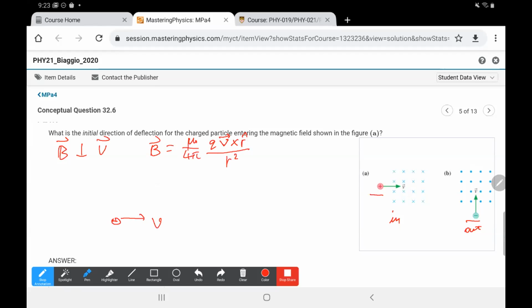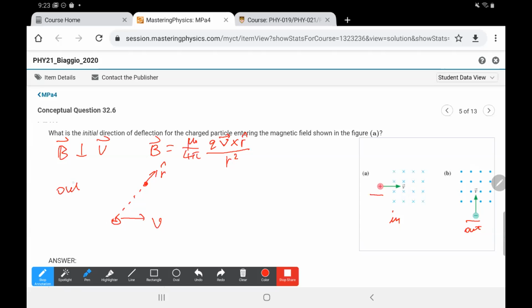And if we are going to test the magnetic field at this point, we just connect these two points, and we get a unit vector of the radius, and the velocity is going to the right, and we use the right-hand rule. I just curl my four right fingers from v to r, counterclockwise. Then the direction of my thumb is the direction of the magnetic field. So the magnetic field goes out on this side.